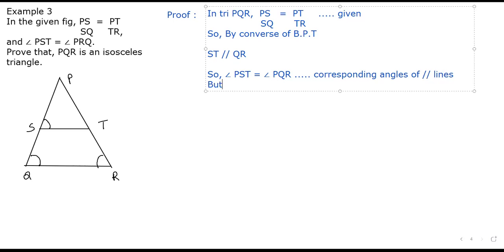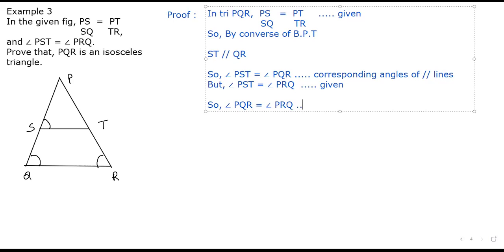But what, children? Angle PST is already given equal with angle PRQ. Are they already given equal to us? Yes, sir. Therefore, angle PQR becomes equal with angle PRQ by transitivity, because they are equal with the same angle.